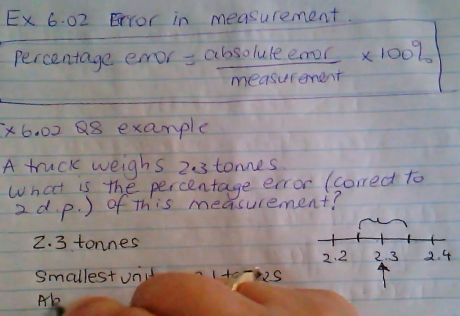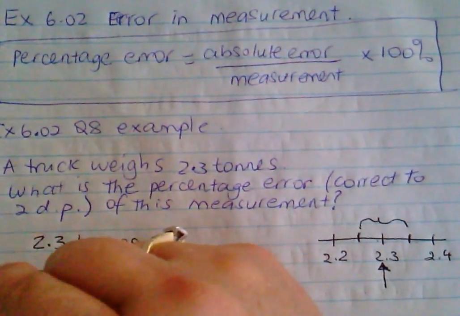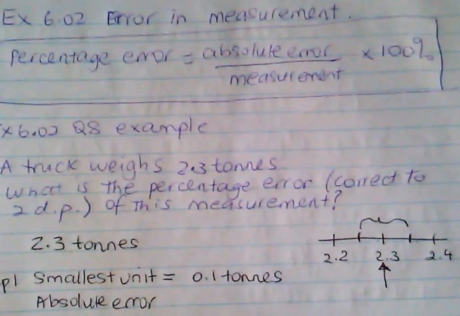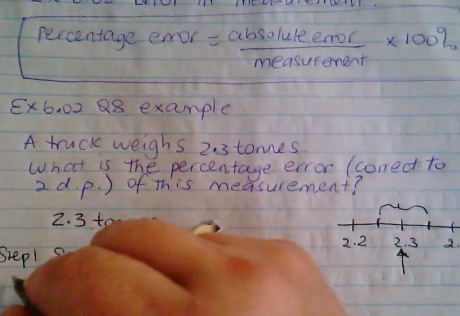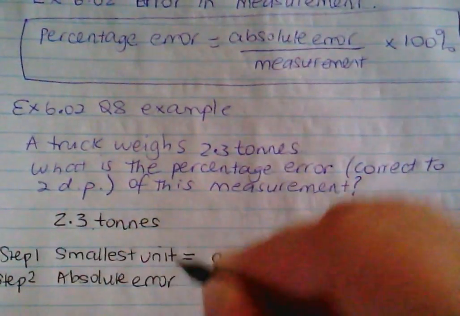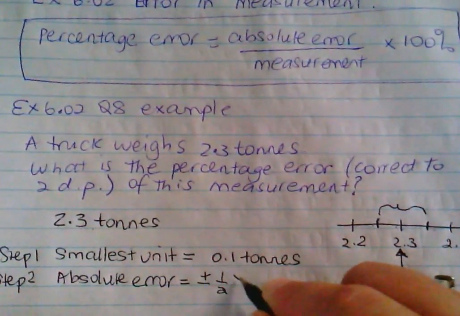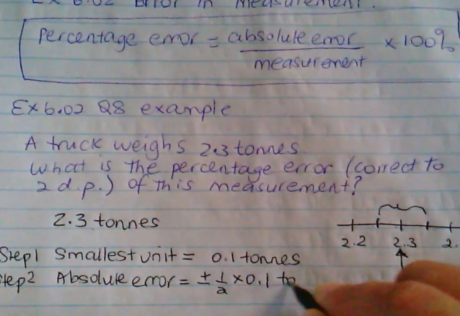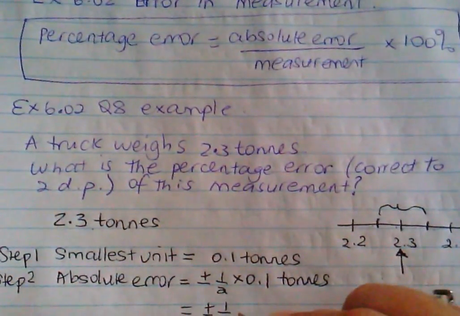So when you're working out absolute error, step 1 is to write down what your smallest unit is, and it's 0.1 of a tonne. Step 2 is your absolute error. It's plus or minus a half of 0.1 tonnes. What's half of 0.1?